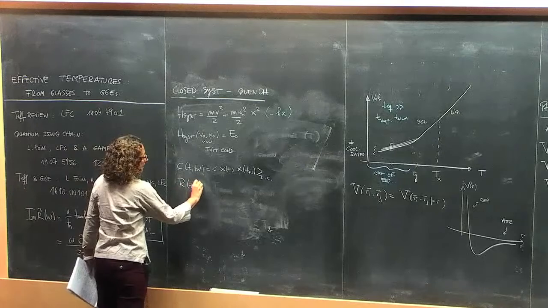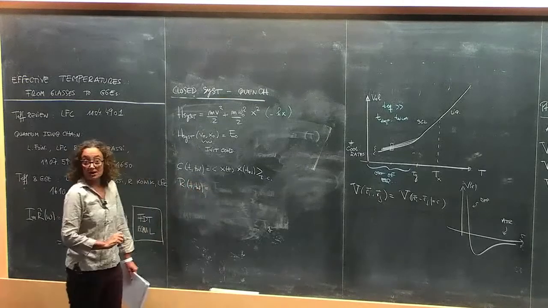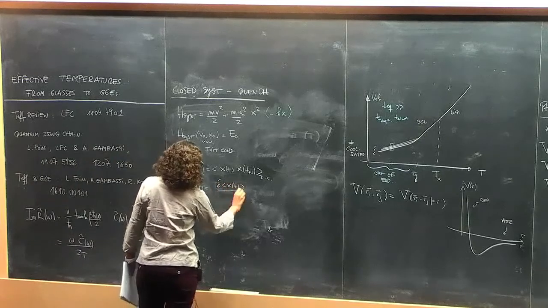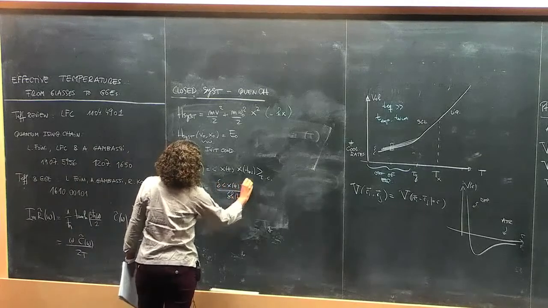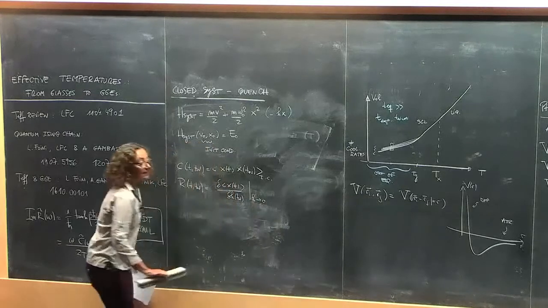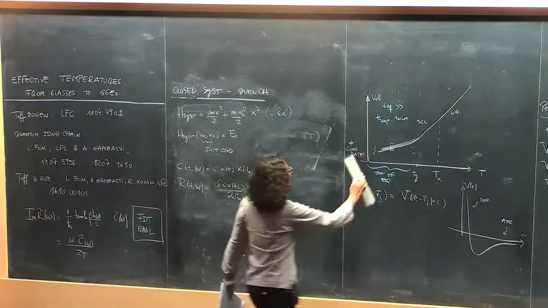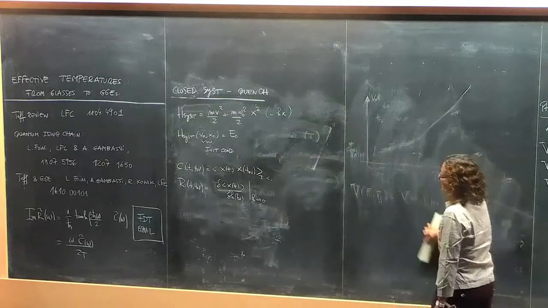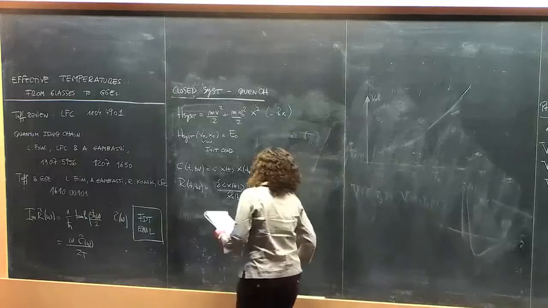And I can compute also a linear response function as before, in the limit of h going to 0. And this, of course, can be done analytically. It's very simple. So I will write down the results for this.